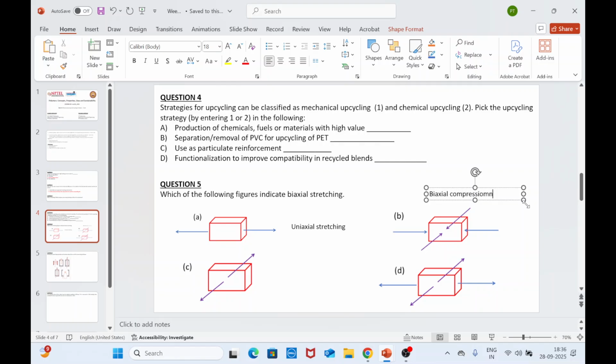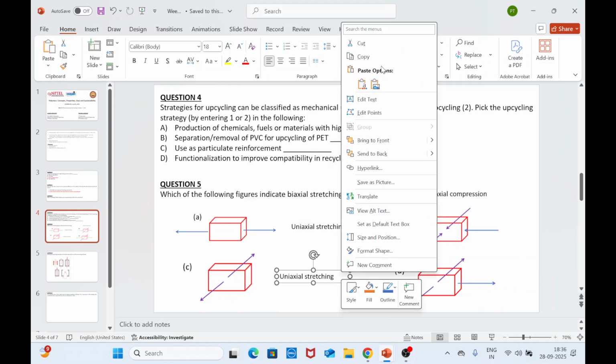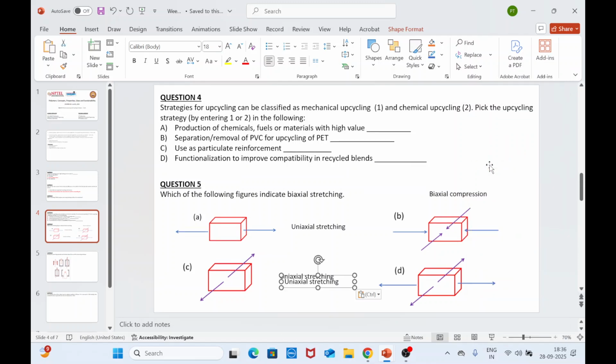You don't stretch, you are trying to compress the material. If you see the direction of the force, they are not away, they are close to each other, trying to compress the material. This is also uniaxial stretching, and this one is biaxial stretching. So this question was fine.